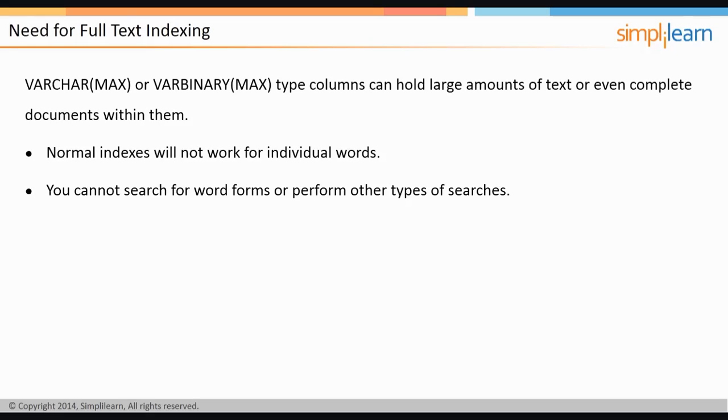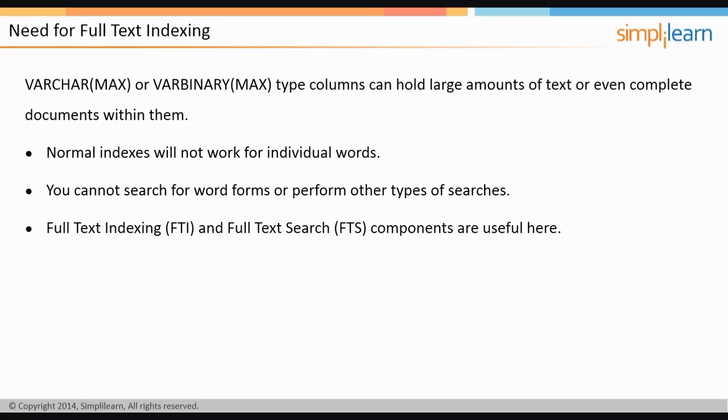For instance, if you wish to find all rows that contain forms of the word sit, such as sat, seated, or sitting, you cannot do it with a normal index. This is where full-text indexing, FTI, and full-text search, FTS, come in. FTI includes the technology to index individual words within a column for each row, and FTS allows performing advanced searching using this index.